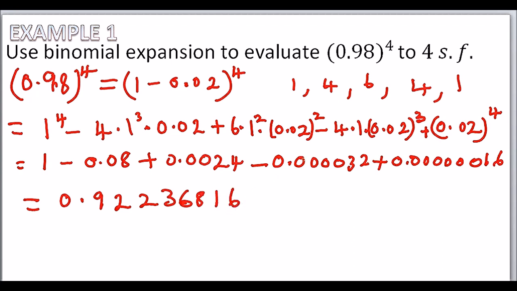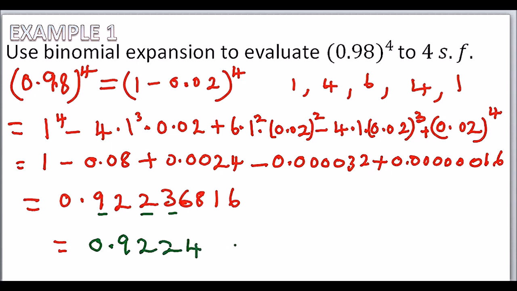Now, because we are told to work with 4 significant figures, you get 1 2 3 4, the next one is 6, so we round off, so we get 0.9224.